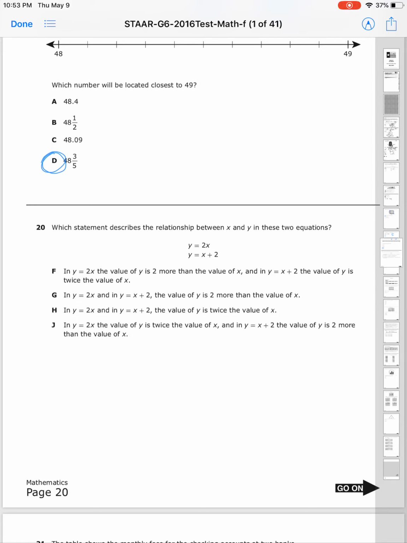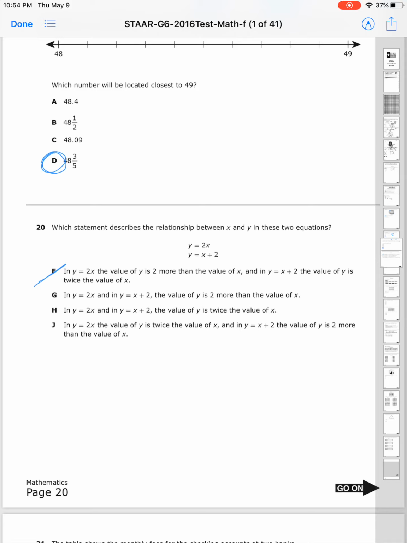So in y equals 2x, the value of y is 2 more than the value of x. Okay, so this is not true, right? If I'm multiplying, it's 2 times the value of x. If I'm adding, it would be y is 2 more than the value of x. So it can't be F for us because this should be switched.